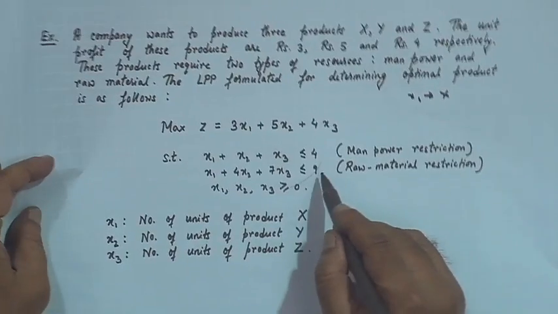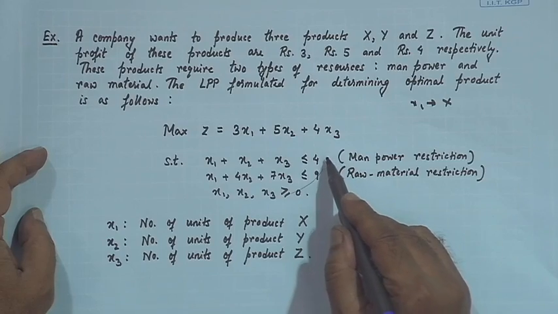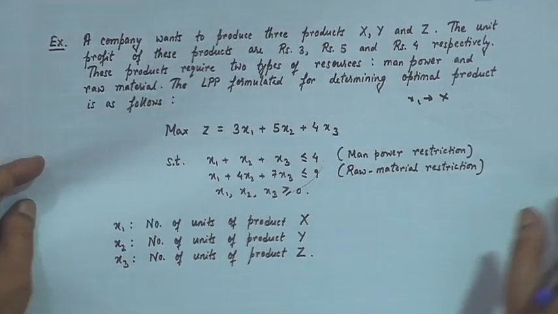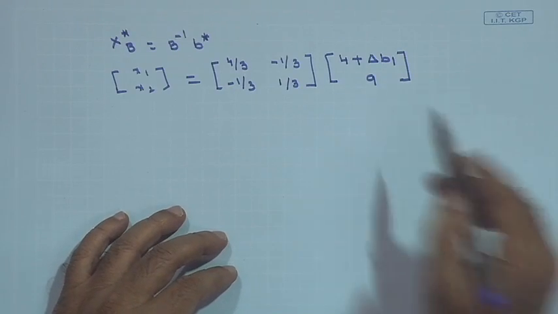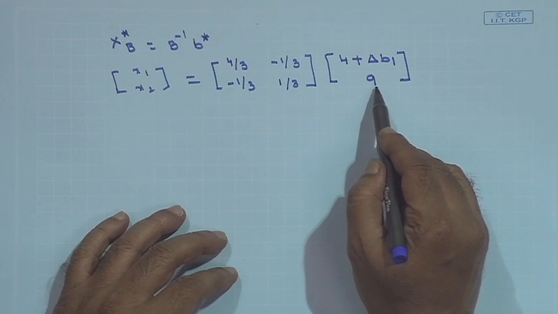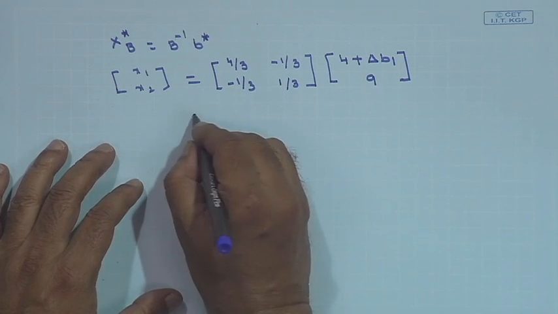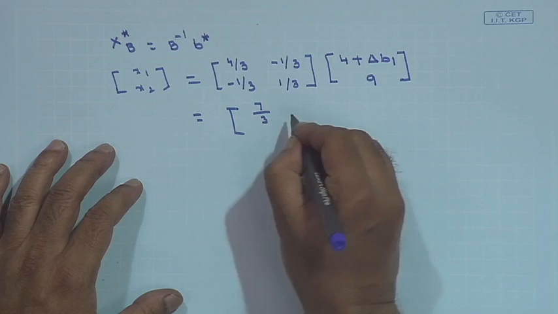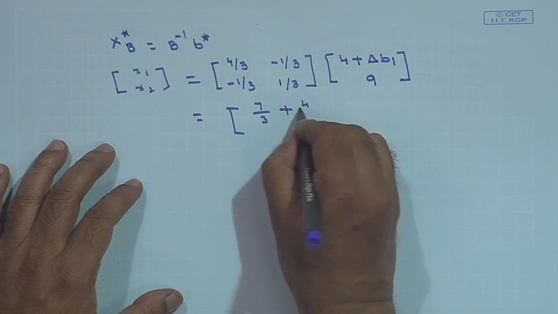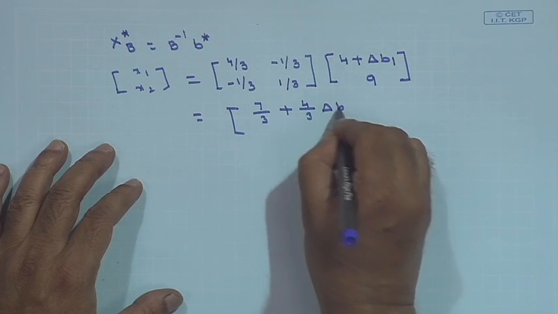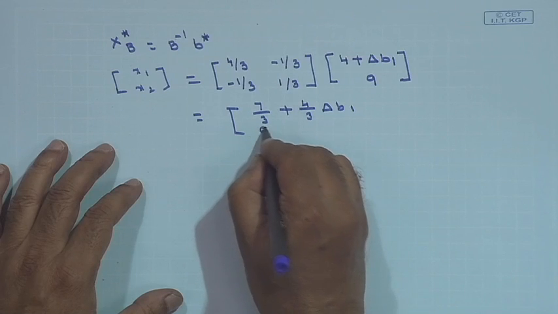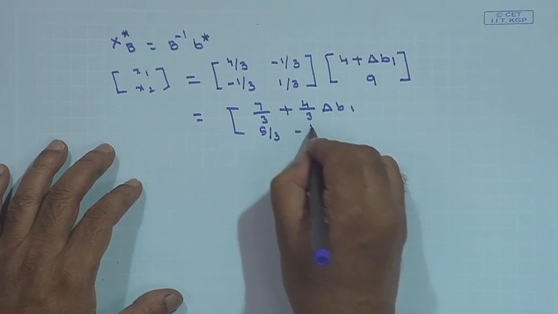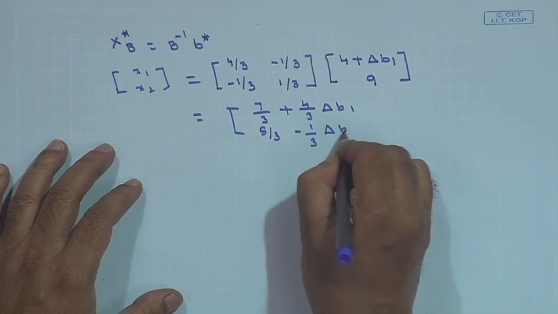Your first resource was 4 and the second resource was 9. So, this 4 has been increased to 4 plus delta B1 and this remains 9. So, this equals 7 by 3 plus 4 by 3 into delta B1, and 5 by 3 minus 1 by 3 into delta B1.